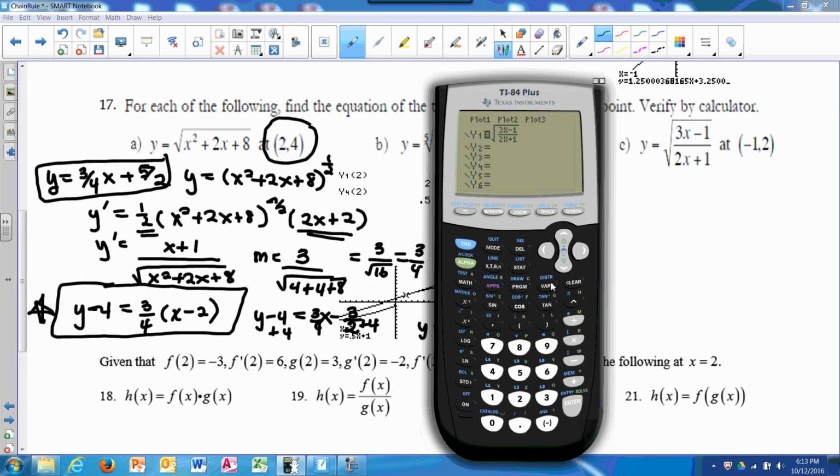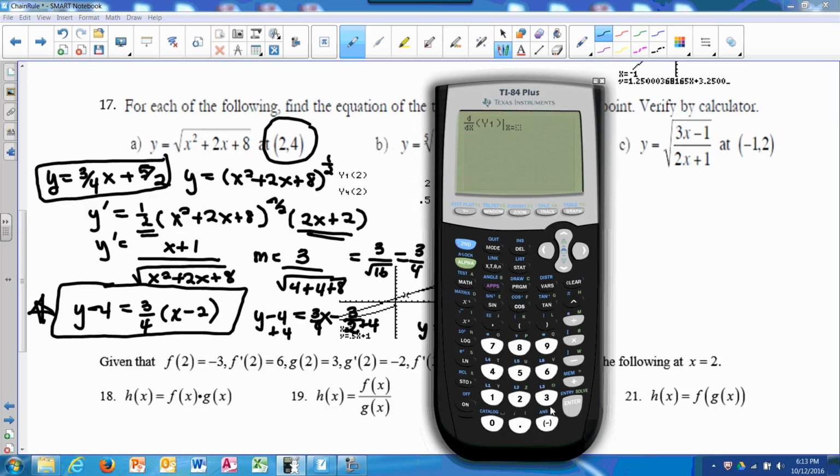This particular case, I want to do the square root first, which is the blue second button, and then I'm going to put the fraction inside that square root. So I have 3x minus 1 in the numerator. Notice that it gives me a right arrow, so I'm going to right arrow 2x plus 1. Notice it's still giving me a right arrow, so that means I need a right arrow out, and I can see that my function's complete.